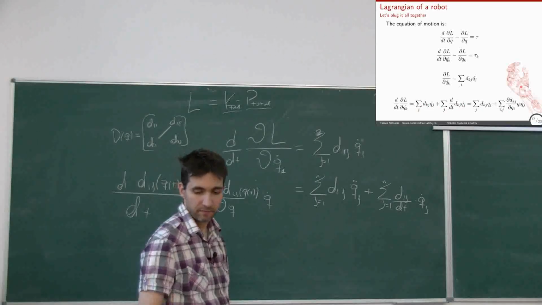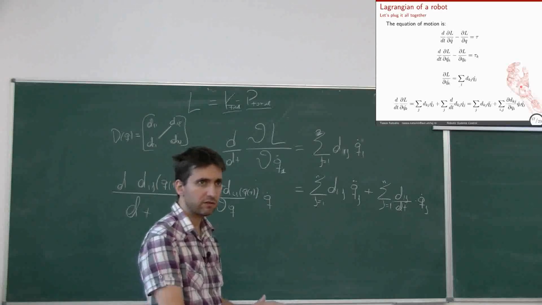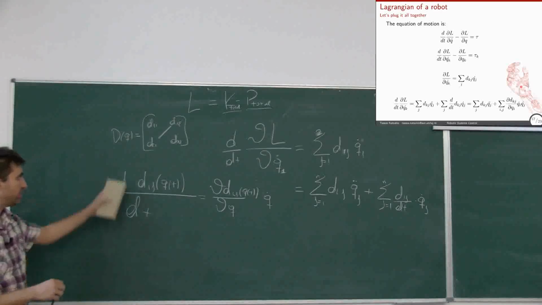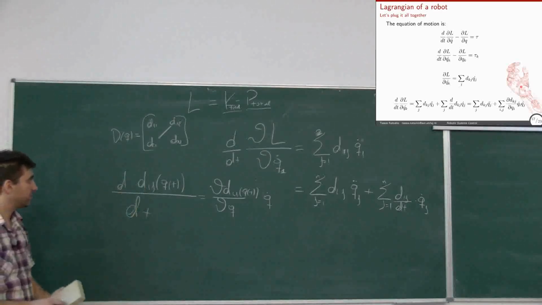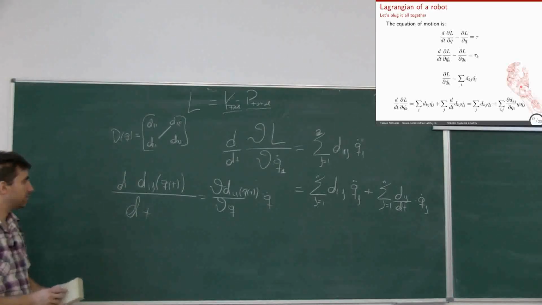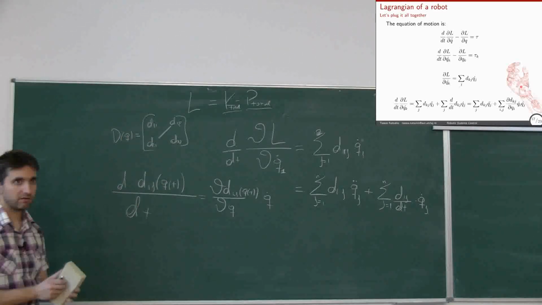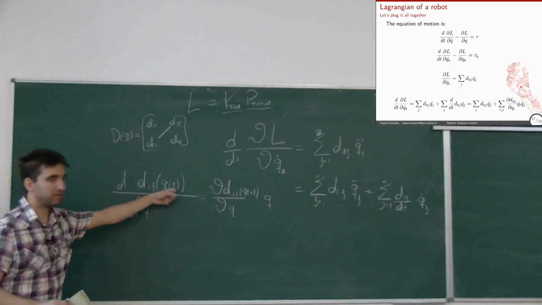Okay? Any questions so far? By the way, I have too many d's here. This is the d from the derivative, this is the d from the element of the matrix there, which depends on q, which depends on time.